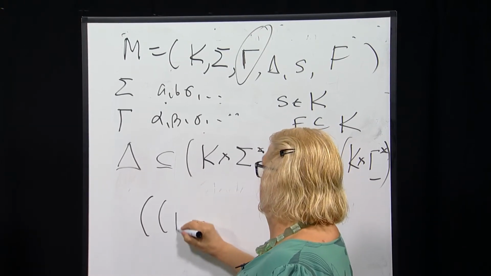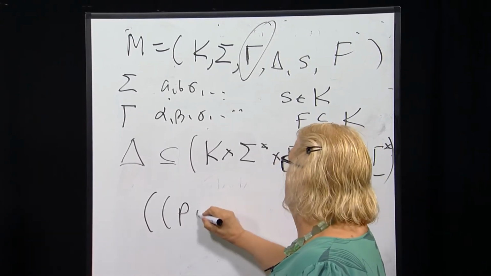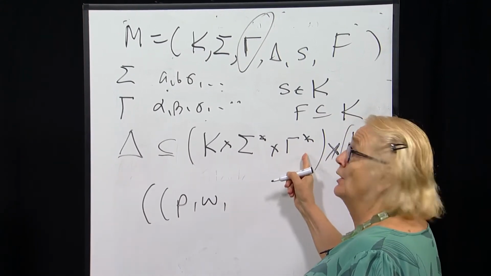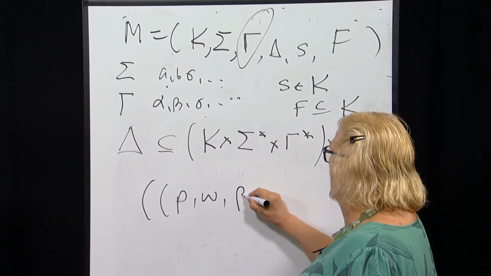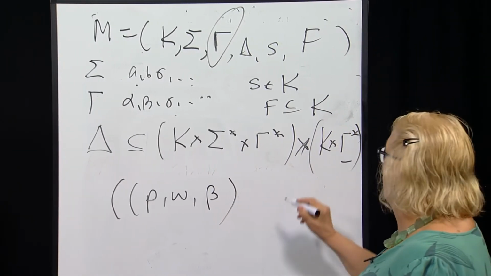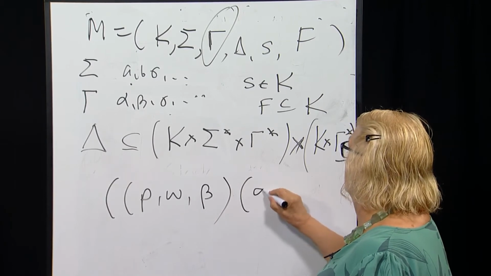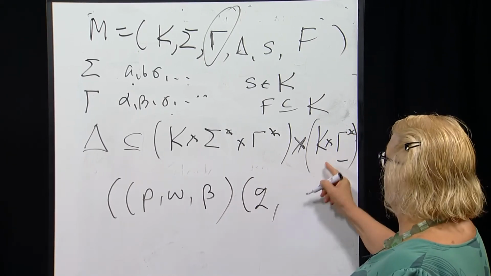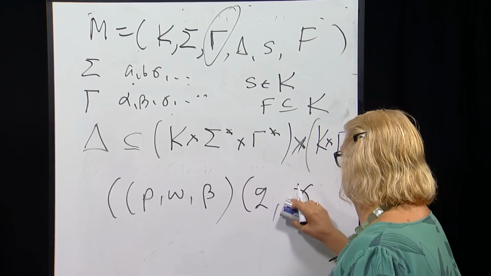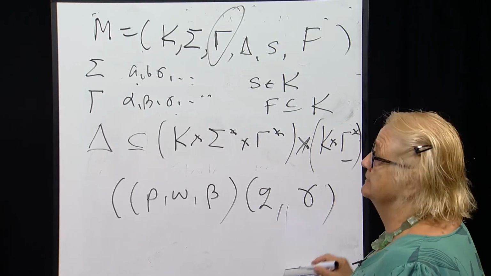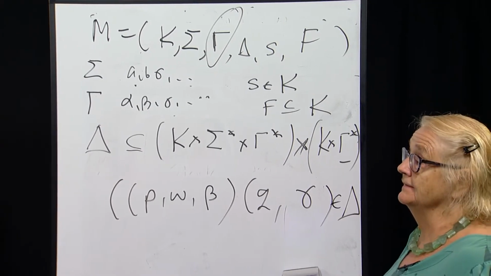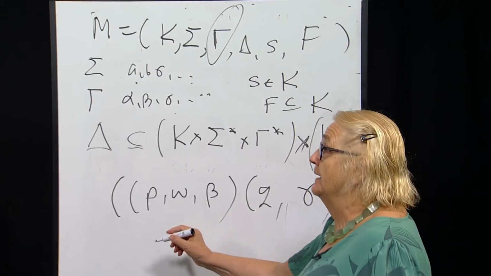So now, what is Delta? You have a state, you have a word in Sigma, and you have something on the stack, beta. And now you have a state and gamma. So this is an element of Delta. Simple.